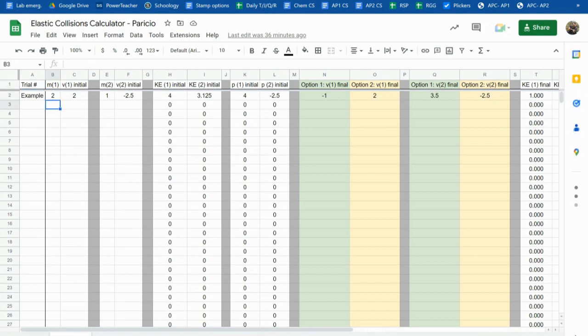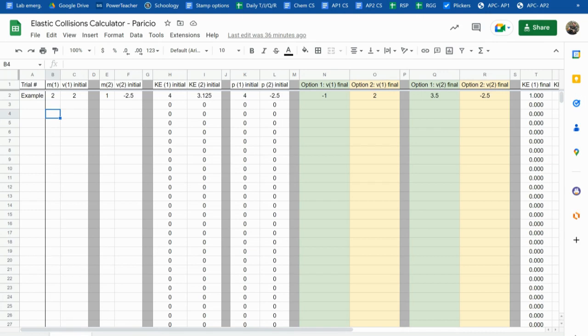Spent a lot of extra snow day time doing this instead of making snow angels. So this elastic collisions calculator is really, really helpful because it does the system of equations for you.